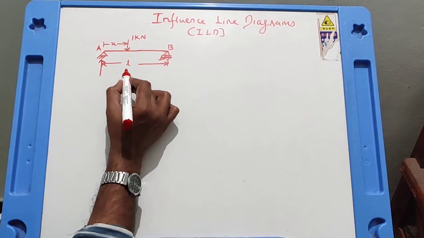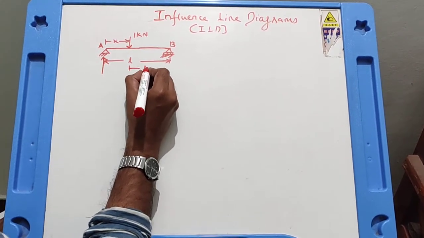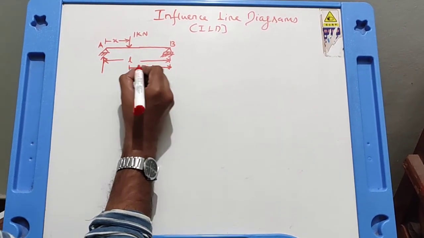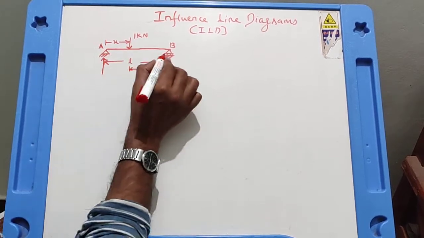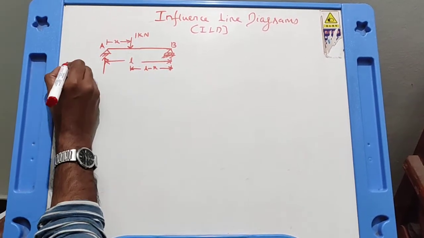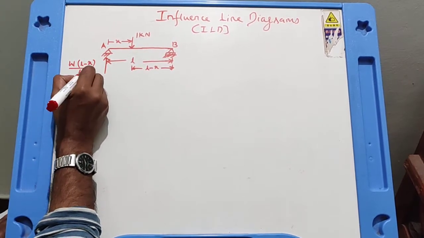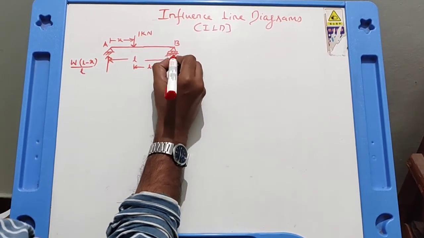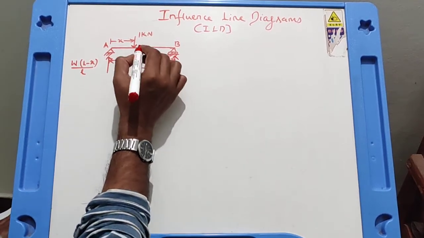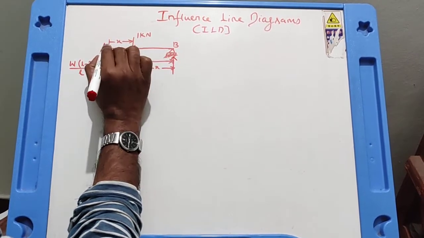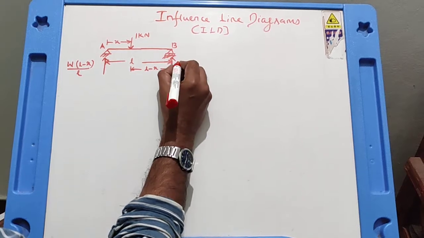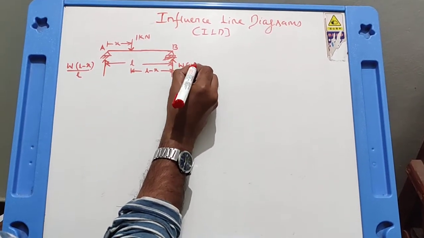So B is L minus X. This is B. And A is X. So the reaction here is WB by L, W into (L minus X) upon L. What is reaction at B? Reaction at B is load into other distance, that is X upon L. W into X upon L.